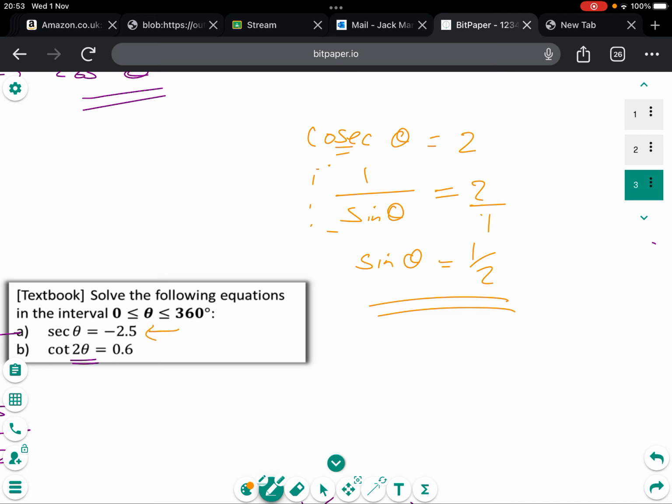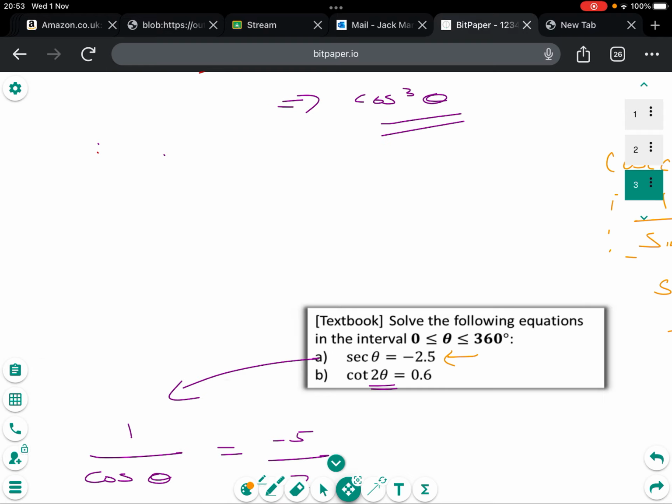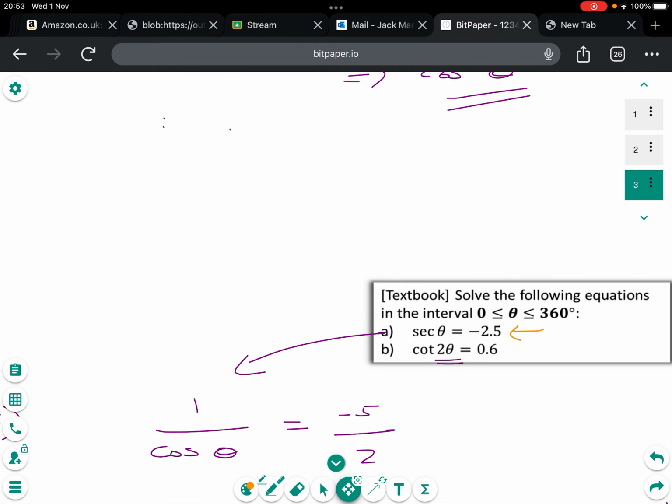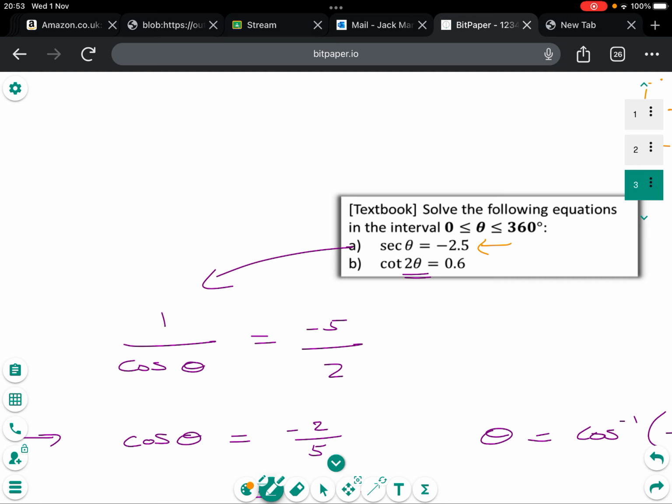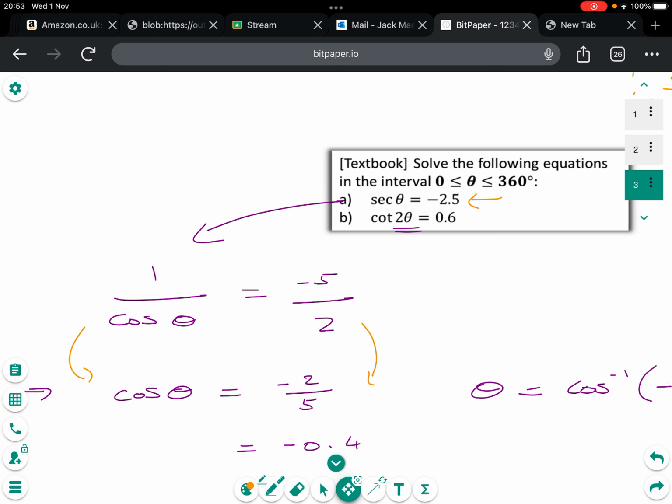So for the first one here, sec, I'd encourage you just to think about what sec is going to be the same as. And let's go through. So I could start by rewriting it as follows. I could do the reciprocal on both sides, and I get cos theta equals minus 0.4.